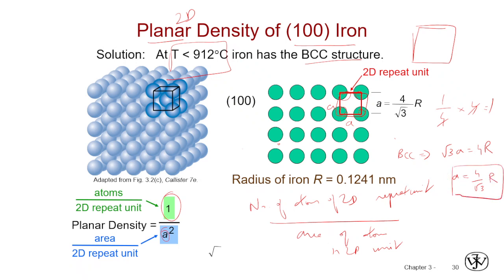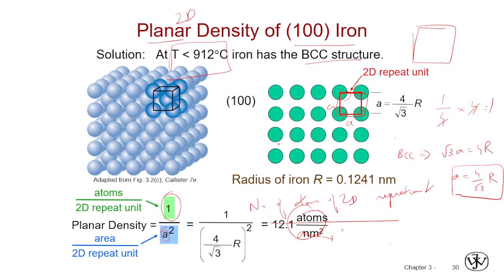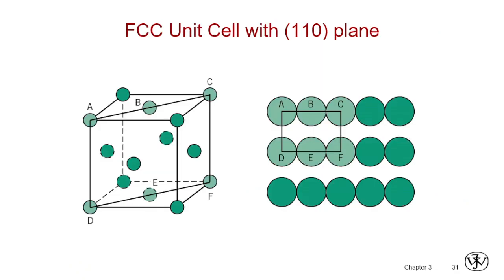If we substitute those values, we will get the answer: how many atoms per nanometer square or atoms per angstrom square. Anything we can get from this particular formula.